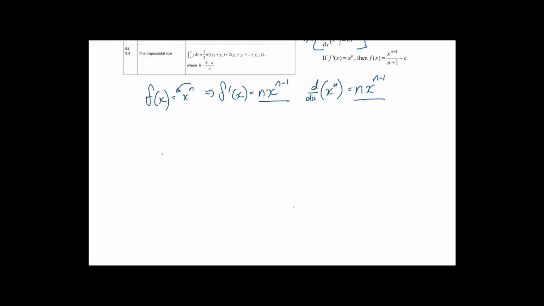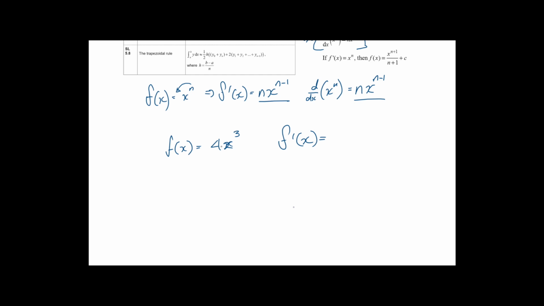Okay, let's look at some examples. Let's say that f of x is 4x cubed, and we want to differentiate it, so we want to find f dash of x. Well, we know that the n is 3, and then there is this 4 out the front. It doesn't matter.